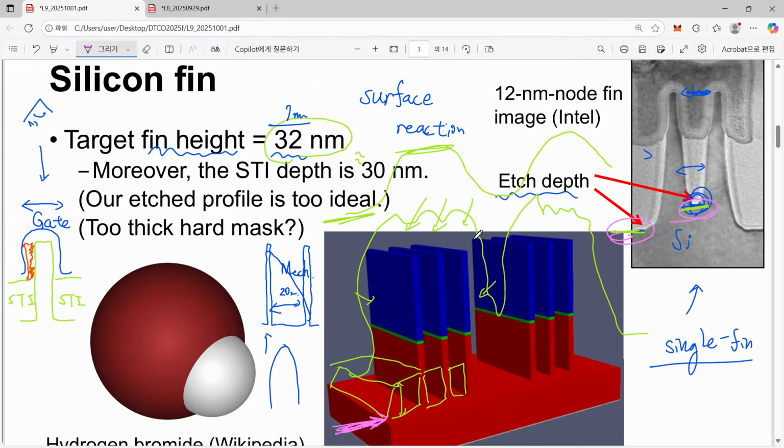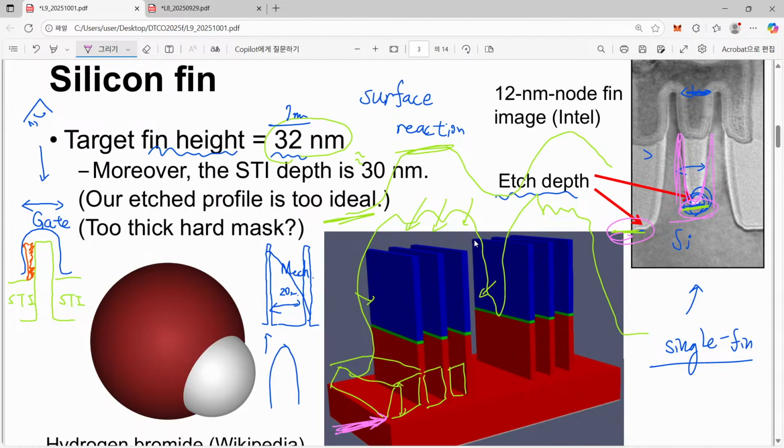And another one is, here you can see that the shape looks like this. It's not that straight, or not upright, but it is narrowing down when you go deeper and deeper. Why do we have such a narrowing effect in this etching profile?